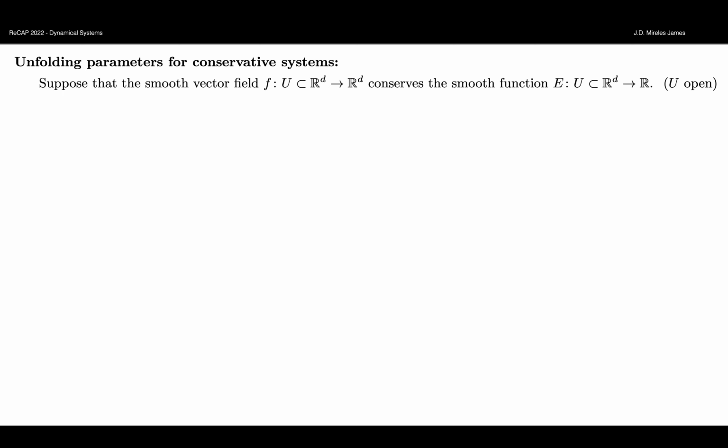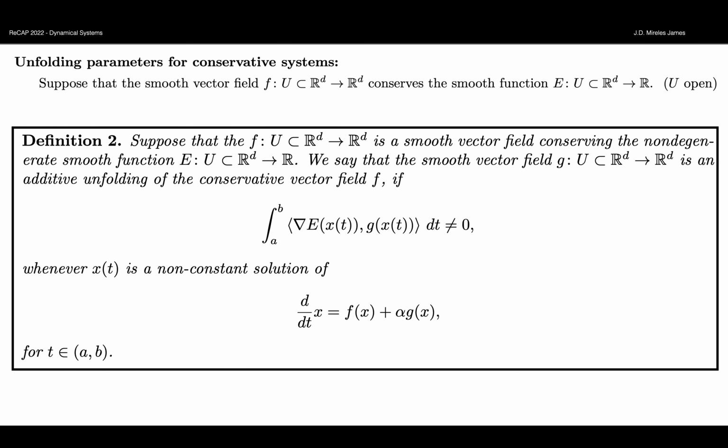Say I have a smooth vector field and it conserves some scalar function. I'll say that a vector field G is an additive unfolding for our original vector field F if this certain integral is not equal to 0 along non-constant solutions of my perturbed vector field. Now, what is this really saying? Gradient E gives you the normal vector to the tangent space of the level set of the conserved quantity.